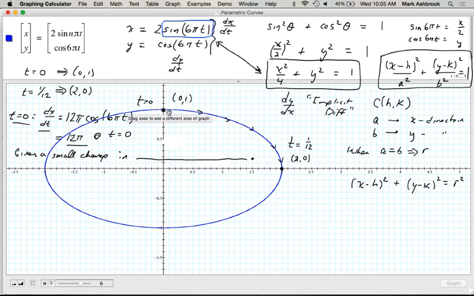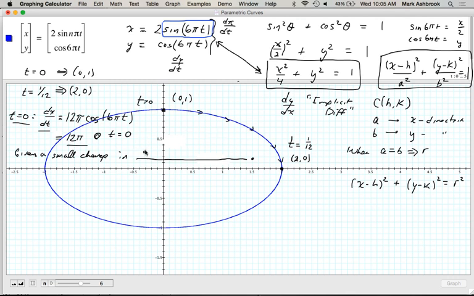You just were thinking of different variables, but right in the vicinity of t equals 0, if you make a small change in t, then the change in x will be 12 pi times as much as the change in t that you pick. Okay.